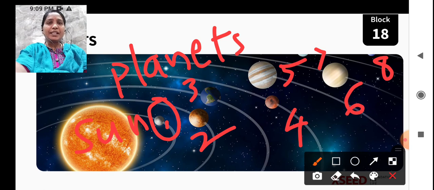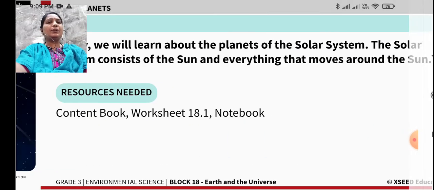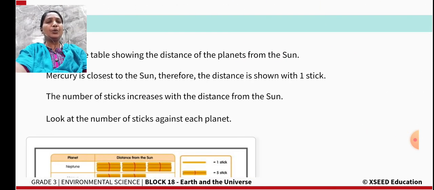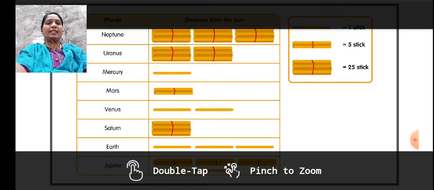For doing this, you need some bundles of sticks. Here I'll show you how to arrange these sticks. These are the sticks.